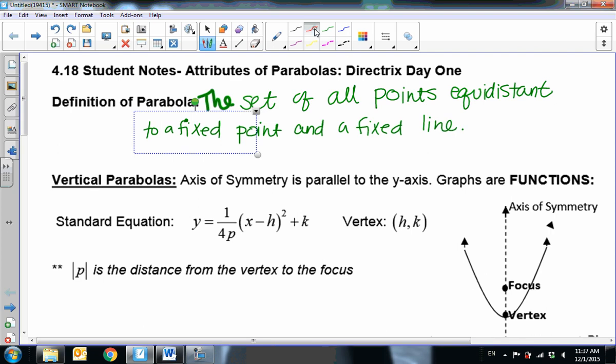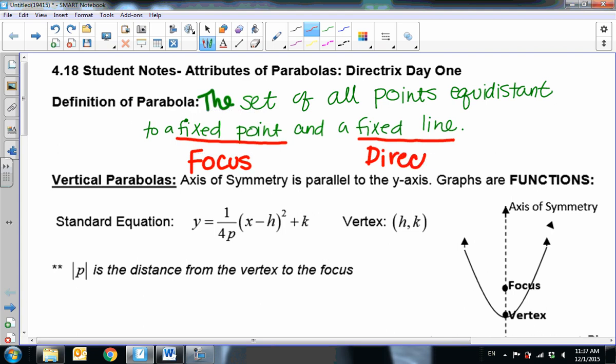Now, the fixed point is called the focus point, and the fixed line is called the directrix. The set of all points equidistant to a fixed point, which is called a focus, and a fixed line, which is called a directrix.